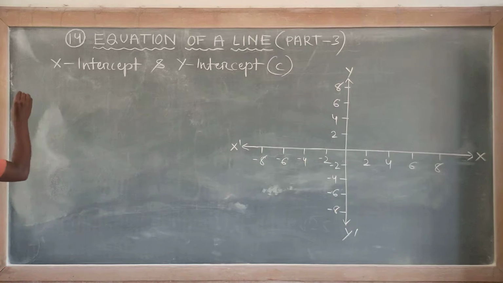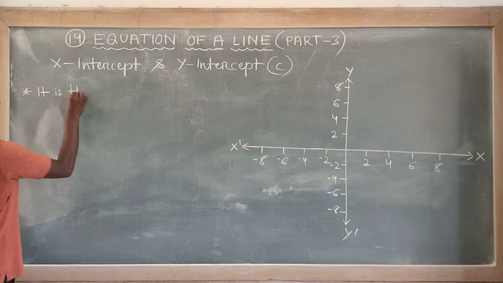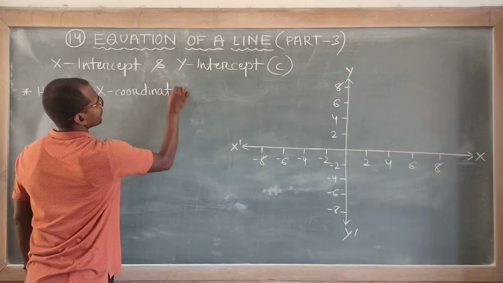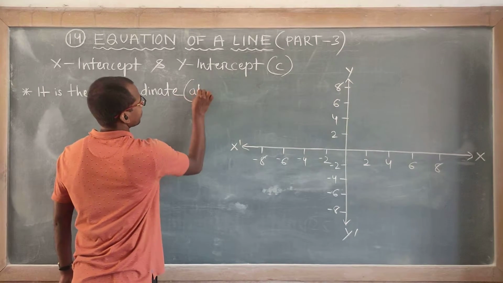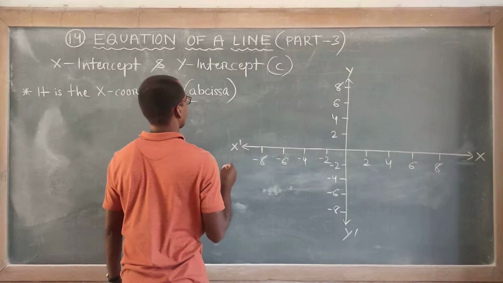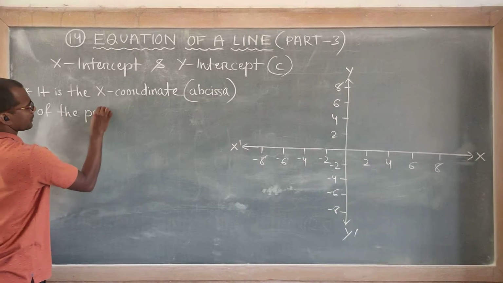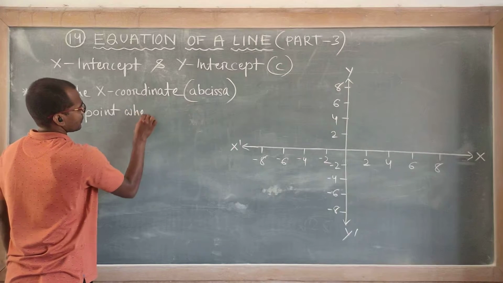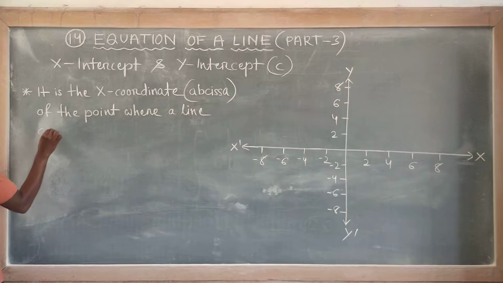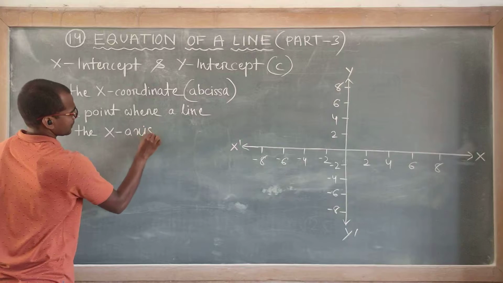Now what is X intercept? It is the x coordinate or abscissa of the point where a line cuts or intersects the x-axis.